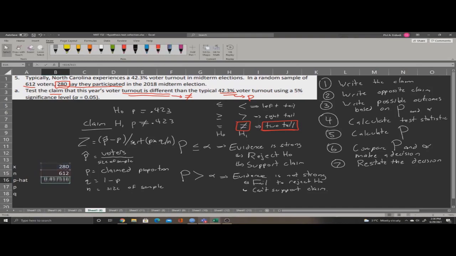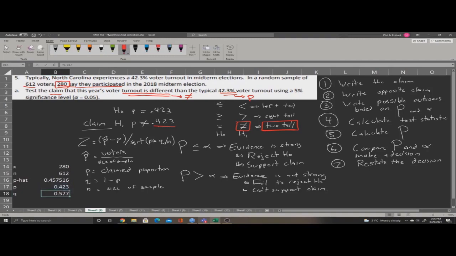That's the size of the sample, giving us a P hat of about 0.4575. Now the claim that we wrote earlier was 0.423. And so Q will be equal to 1 minus the P we just found.